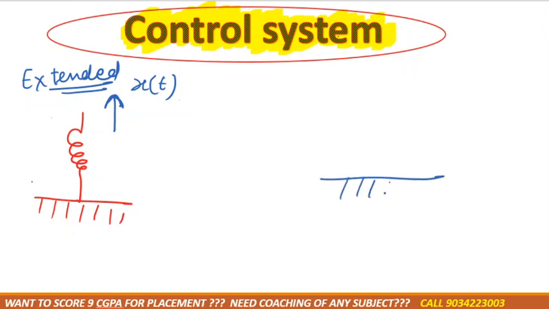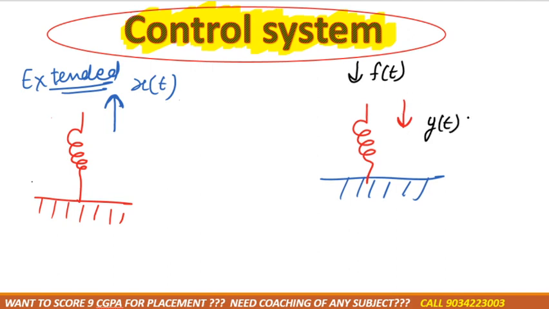And if there is a fixed point at the same position and we apply a force from above, F of t, the movement is also on the downward side, so it would be y of t. This is the case of compressed. Here the force is moving in the upward direction, so the spring is extended. Here the force is in the downward direction, so the spring is compressed.